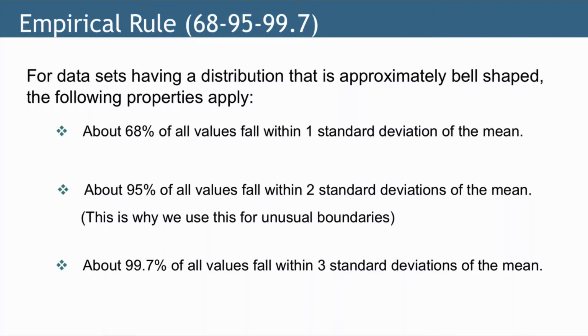Okay? Alright, so another thing is this idea of what we call the empirical rule. If you have data that's symmetric or close to symmetric, then it kind of follows this rule. In other words, this is roughly how spread out everything is, and it's based on standard deviations. So about 68% of your data is within one standard deviation. You go out to 2 standard deviations, it's 95%.